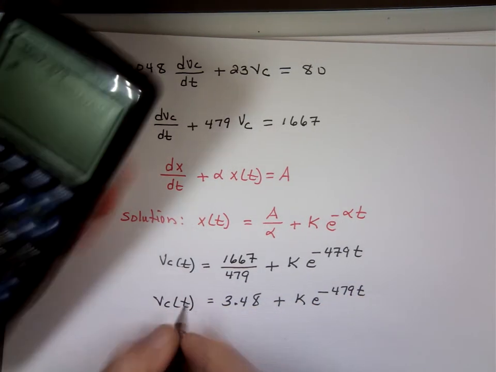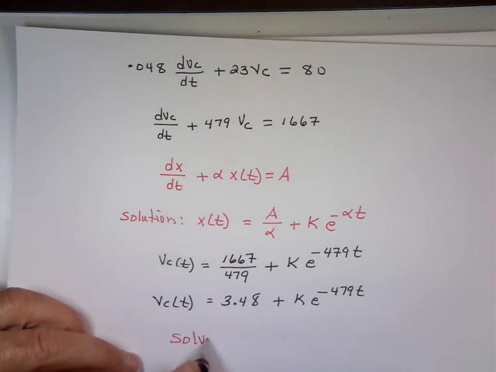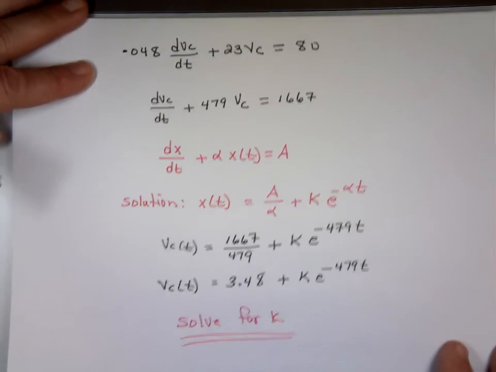This is for t greater than 0. Well, how would I solve for k? So right now, I need to solve for k. How would you solve for that? I need to know something else.